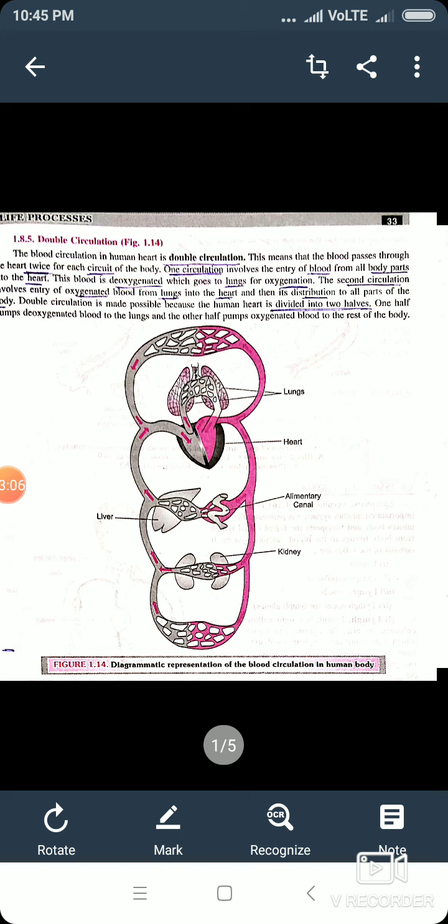So you have seen that the blood comes to the heart twice in one cycle, and this is what is called double circulation.